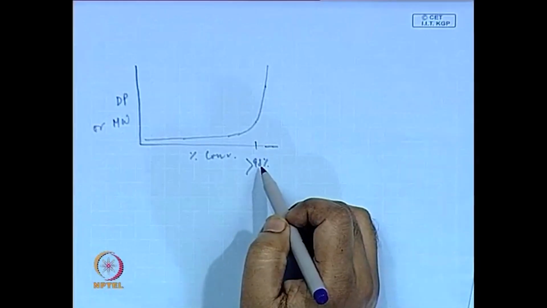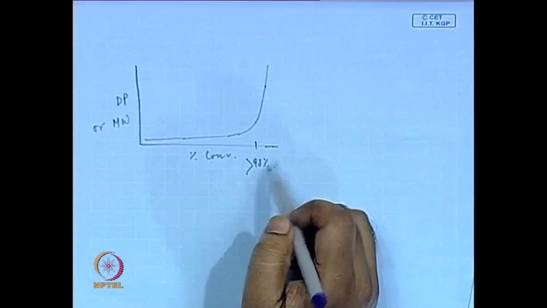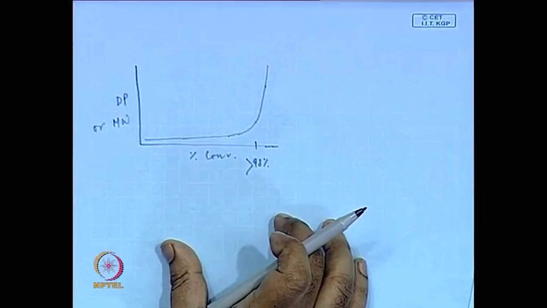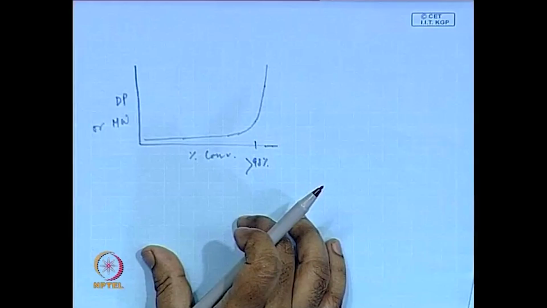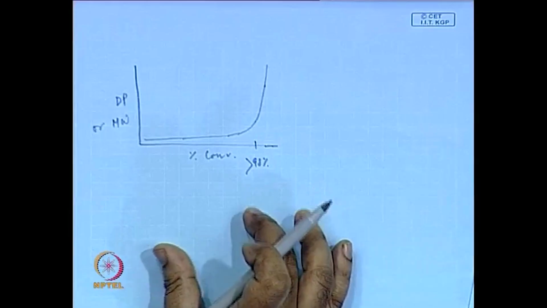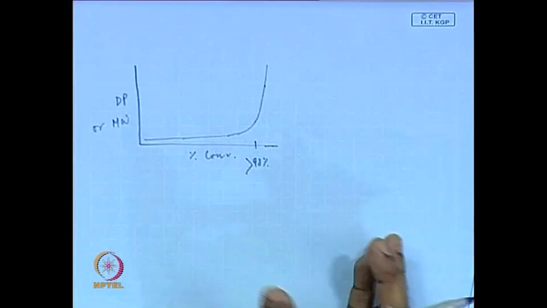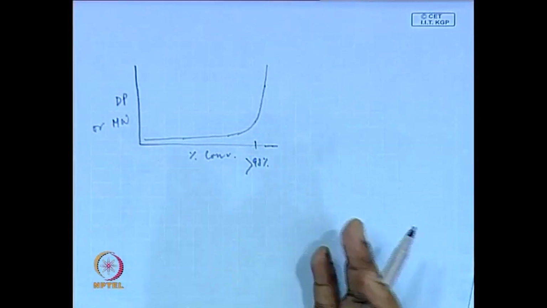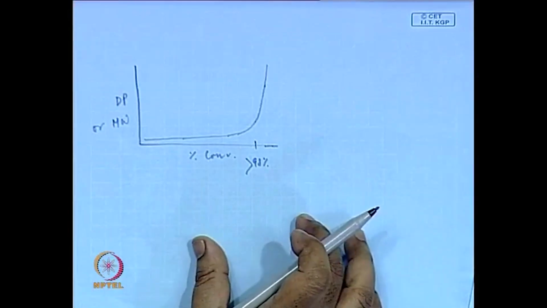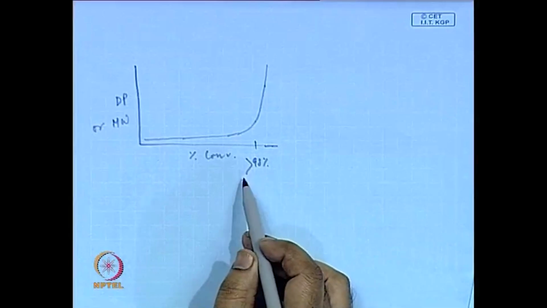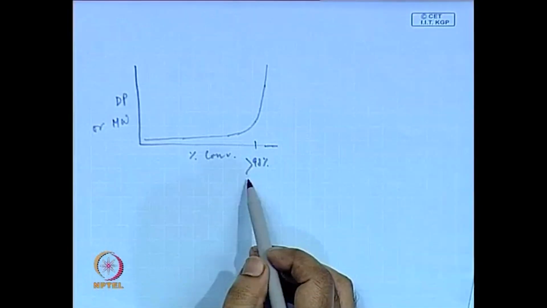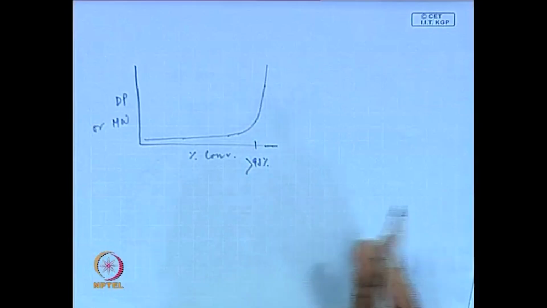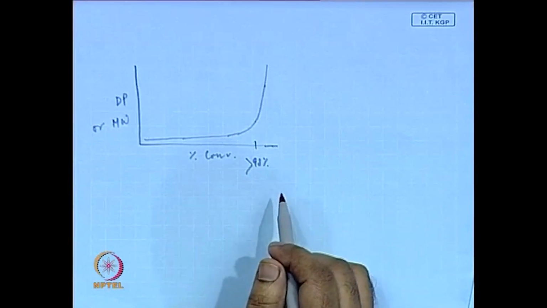Okay. So, this should clearly give you understanding that in case of step growth polymerization, the high molecular weight, usable polymers can be achieved only when the conversion is very high, more than 98%.